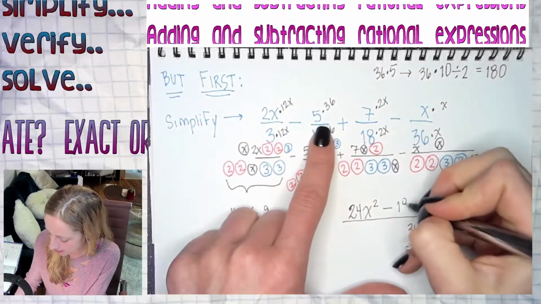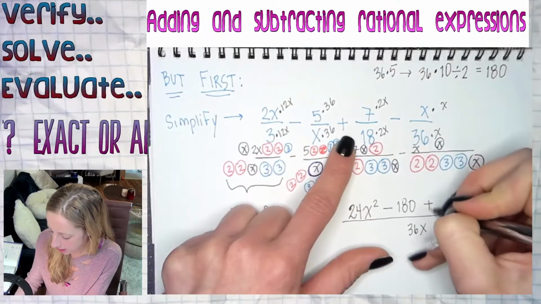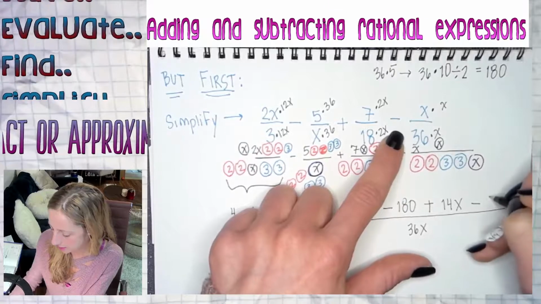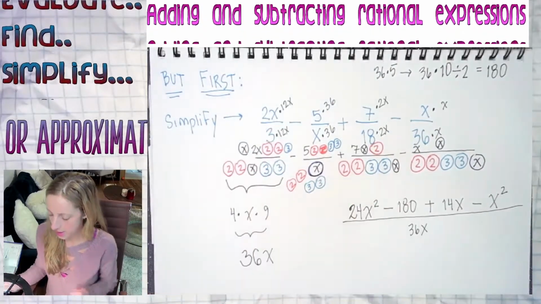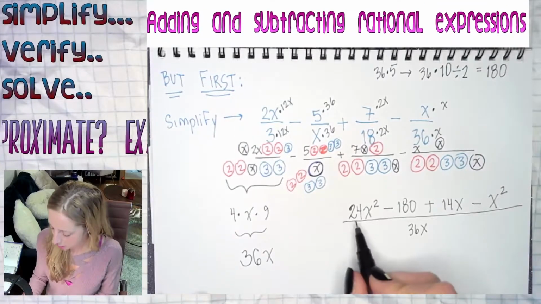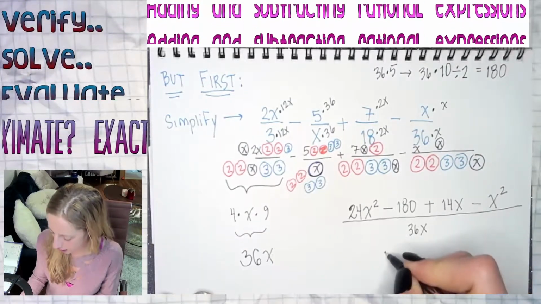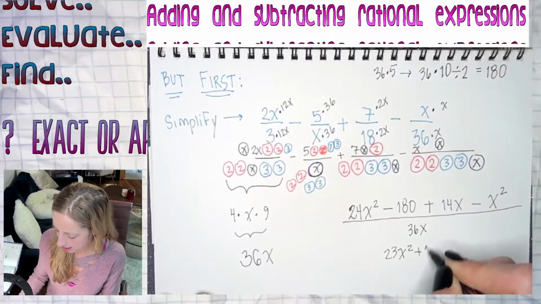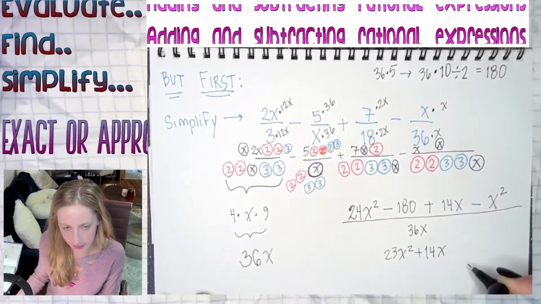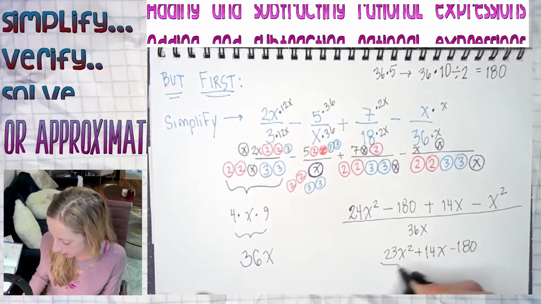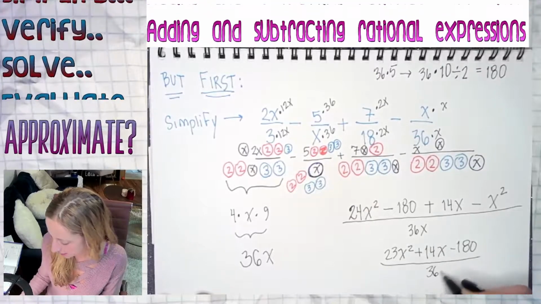So minus 180, plus 14x, minus x squared. Then we just combine like terms, maybe put the top in order, and we're done. So 24x squared minus x squared, I might write 23x squared, then 14x because it's my linear term, minus 180, all over 36x.